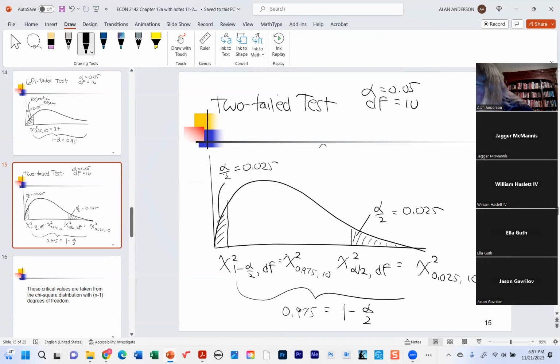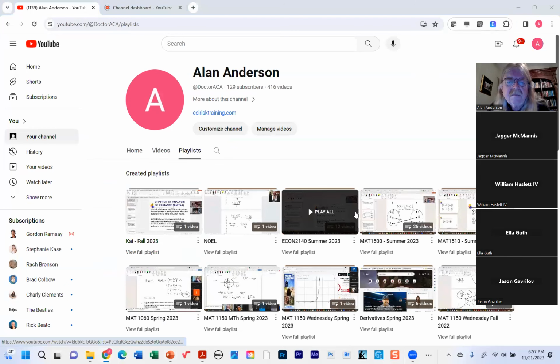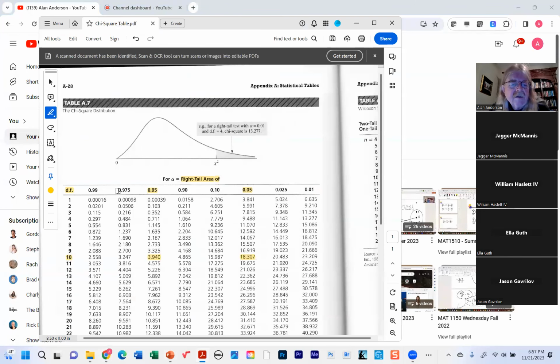So we're going to look those up right now. Chi-square 0.975 with 10 degrees of freedom equals... Okay, we go to the top. Here we are, right here. Oh no, what did I do? Okay, that's better.